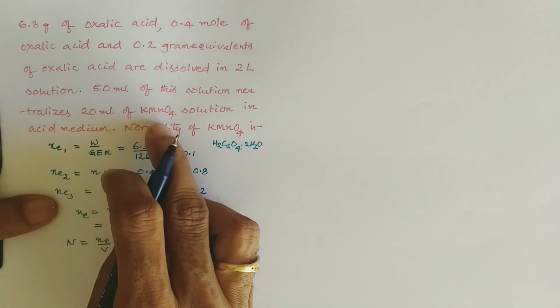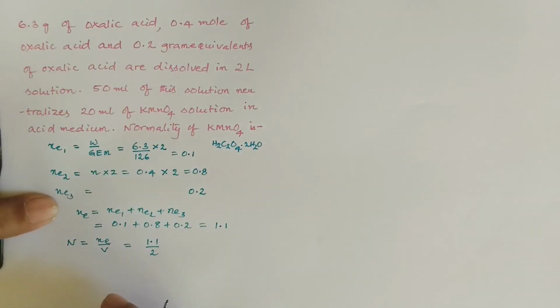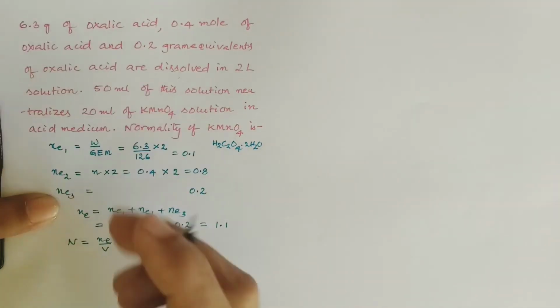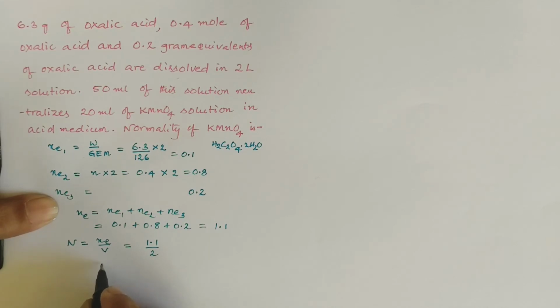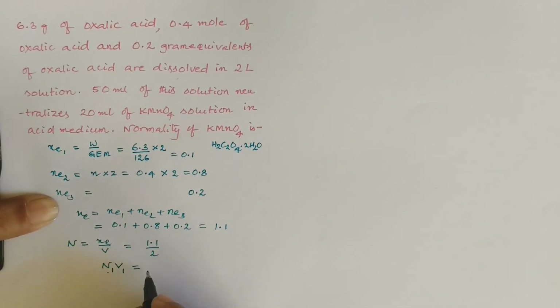Potassium permanganate is the oxidizing agent, oxalic acid is the reducing agent. The number of equivalents of oxidizing agent is equal to the number of equivalents of reducing agent. The number of equivalents is equal to normality into volume. So N1V1 of the reducing agent is equal to N2V2 of the oxidizing agent, right?